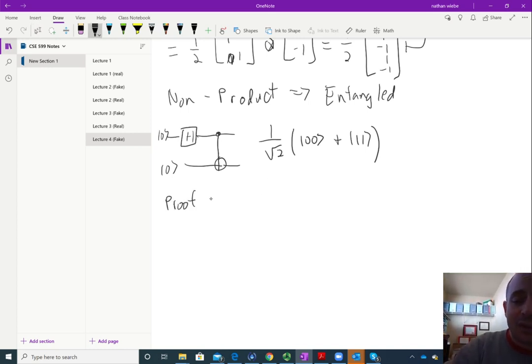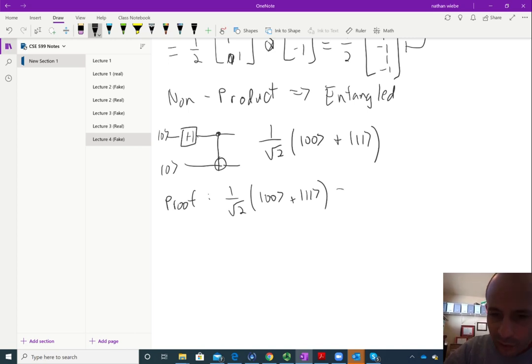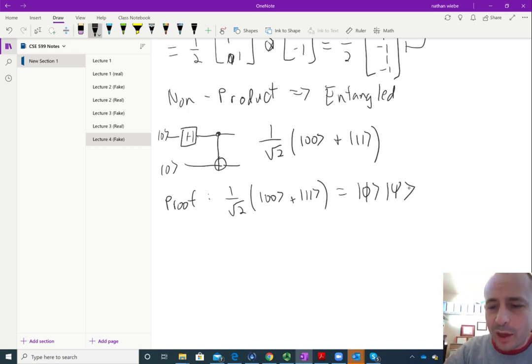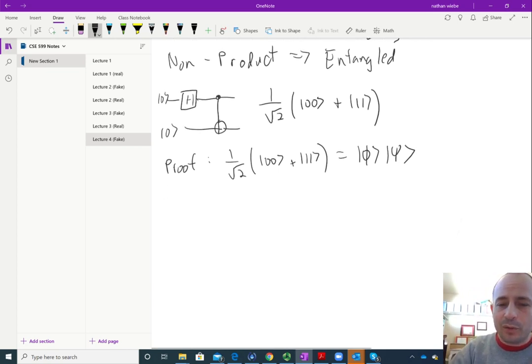And the reason we can see that this is entangled is, let's say I want to explicitly write this as a product state. If it is a product state, then there will exist some state phi and some state psi such that this is true. If they're equal, then their inner product has to be 1.